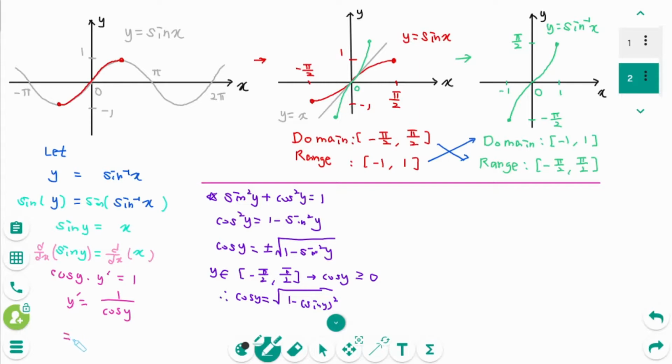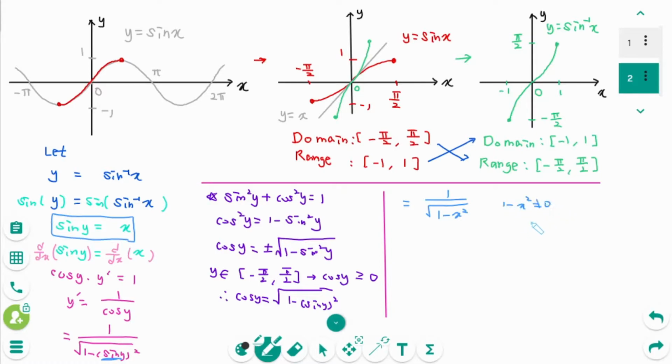Back to the original, then 1 over square root of 1 minus sine squared y equals 1 over square root of 1 minus x squared, since sine y is x. The denominator 1 minus x squared cannot be 0. That means x squared cannot be 1.